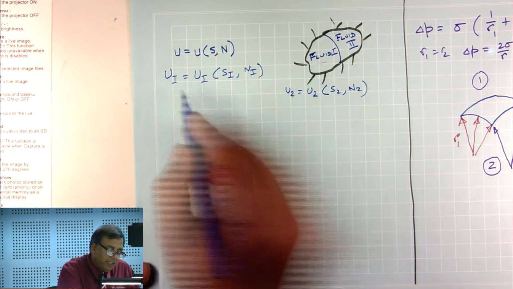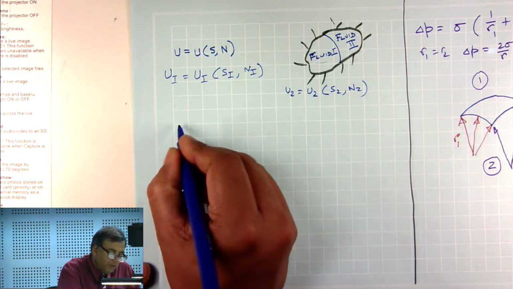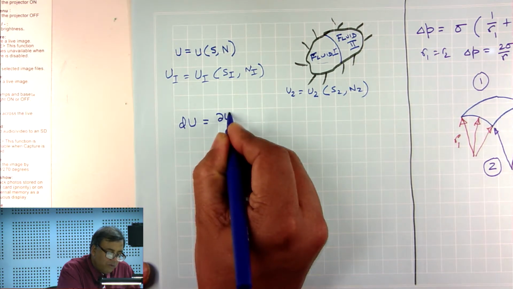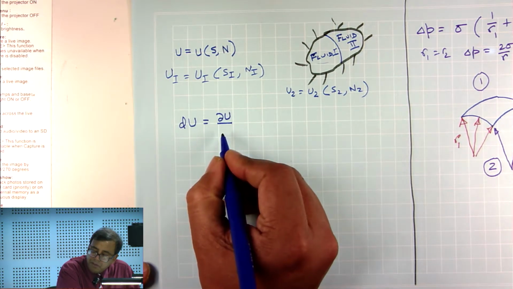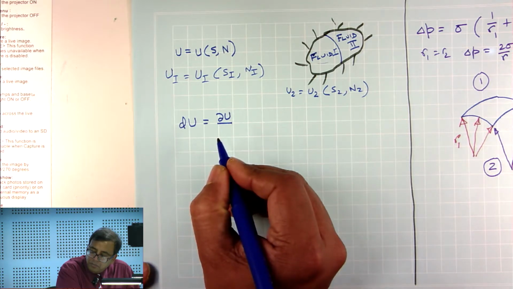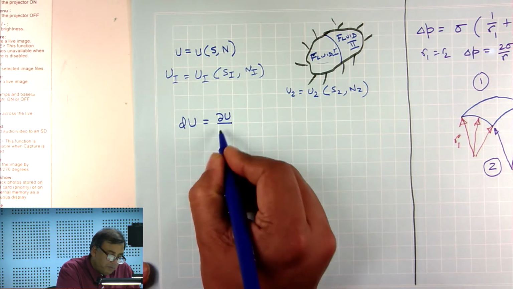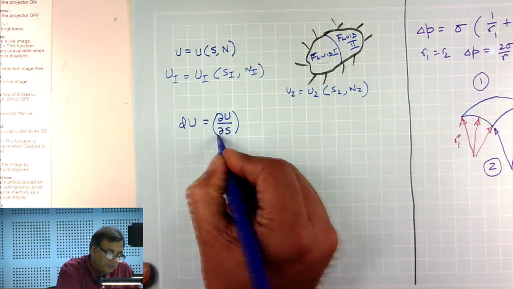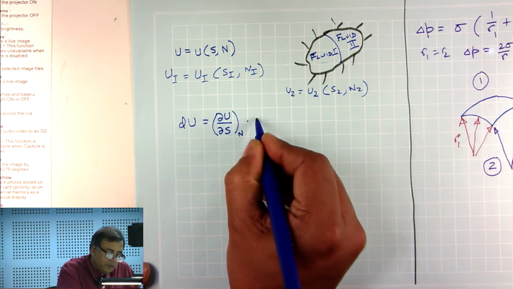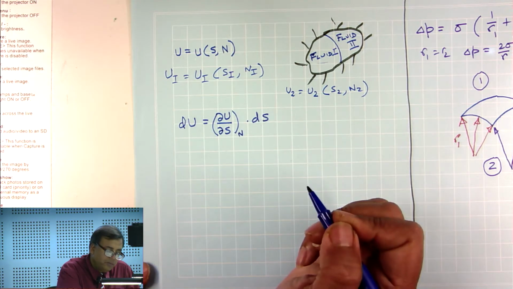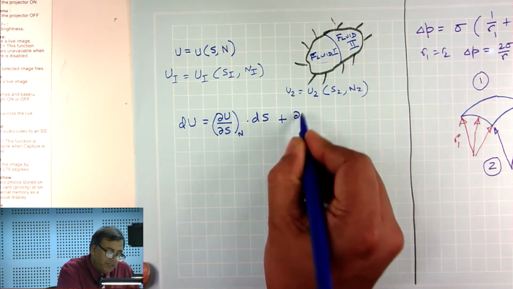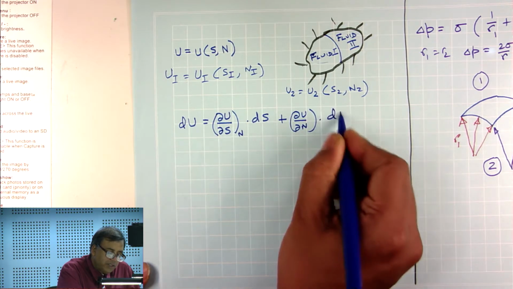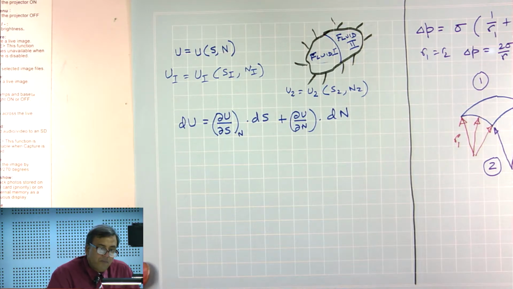So, if I have any change in energy dU, that will be equal to del U del S with n being constant times dS, and then I will have del U del n times change in n.